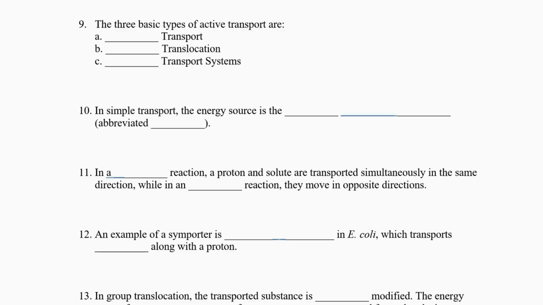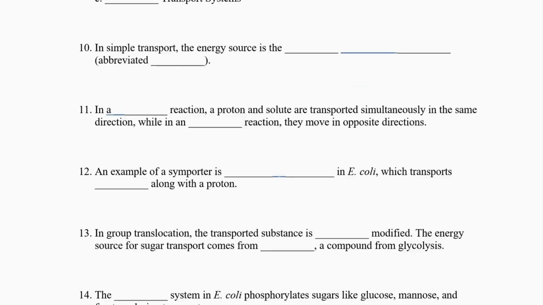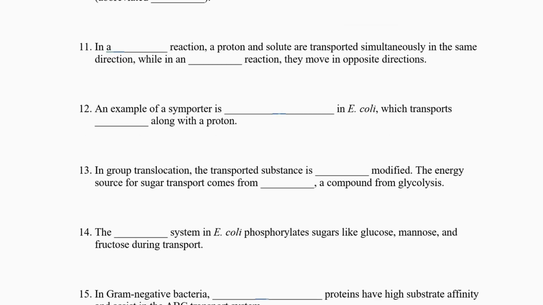In a blank reaction, a proton and solute are transported simultaneously in the same direction, while in a blank reaction, they move in opposite directions. 12. An example of a symporter is blank in E. coli, which transports blank along with a proton.